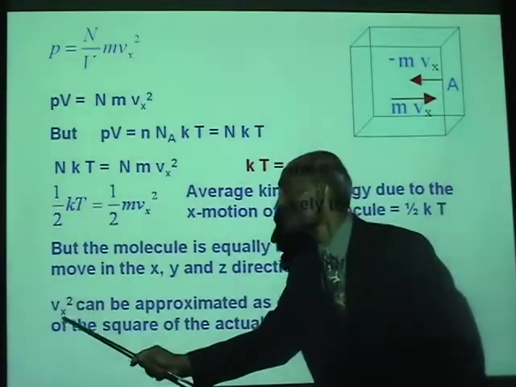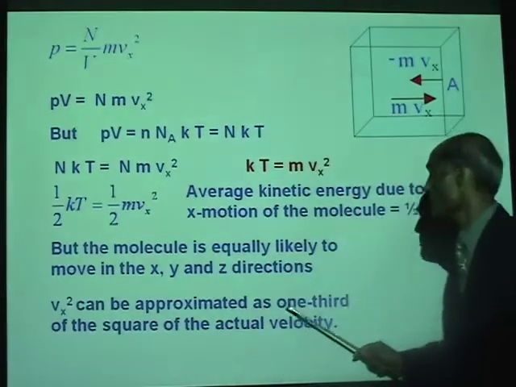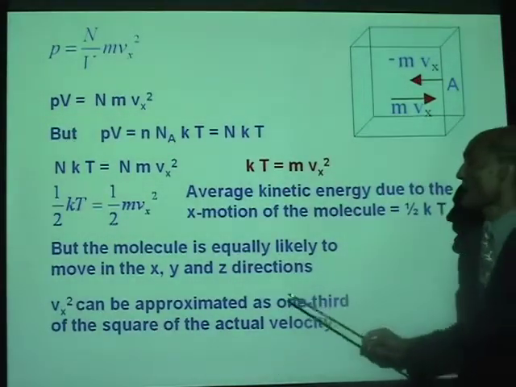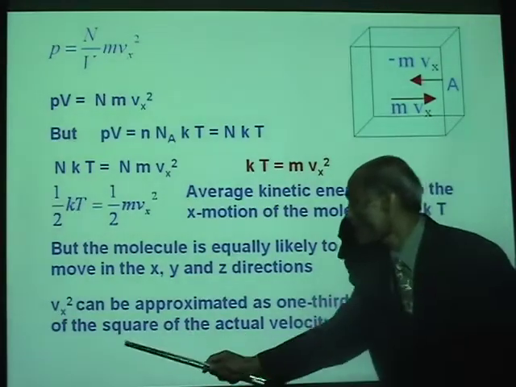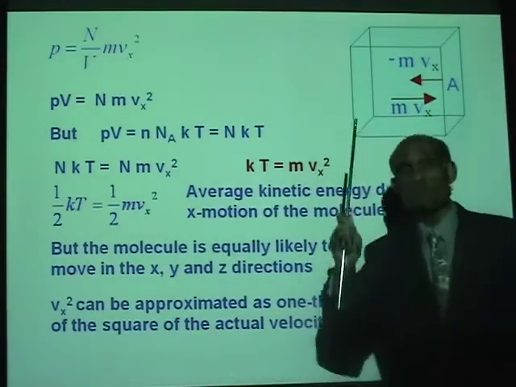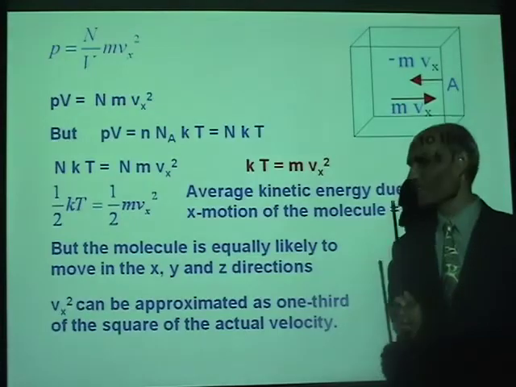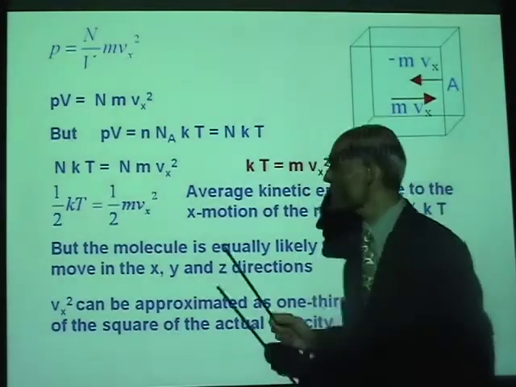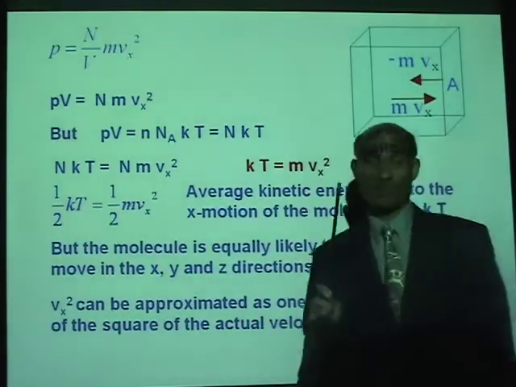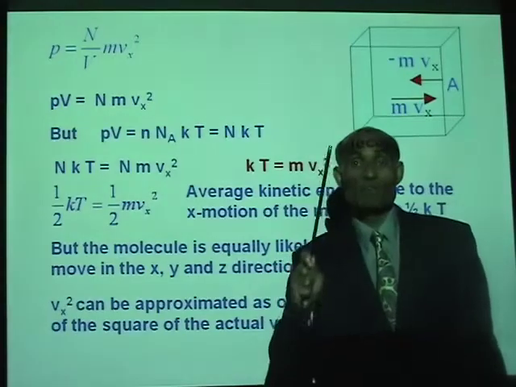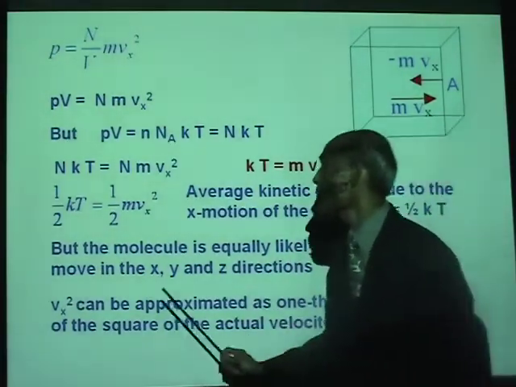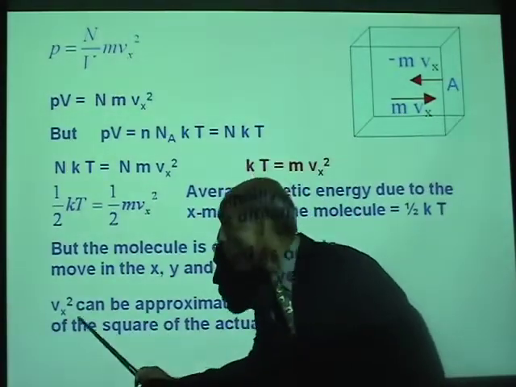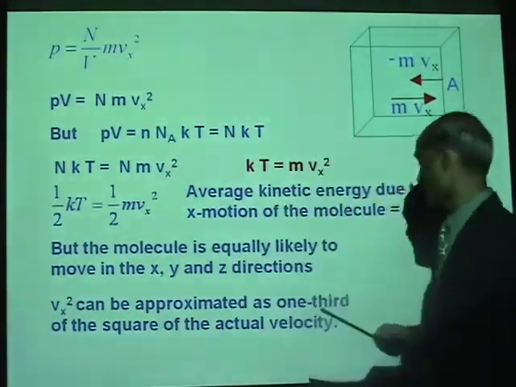Therefore, Vx squared can be approximated as 1/3 of the square of the actual velocity. Does it make sense? If the actual velocity is, say, v bar, you remember we started, then v bar can be considered to be 1/3 of the square root of that.